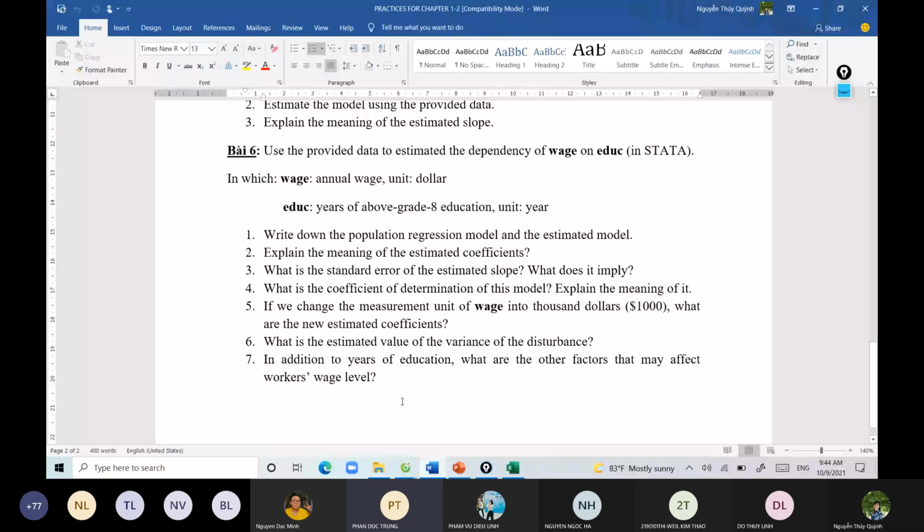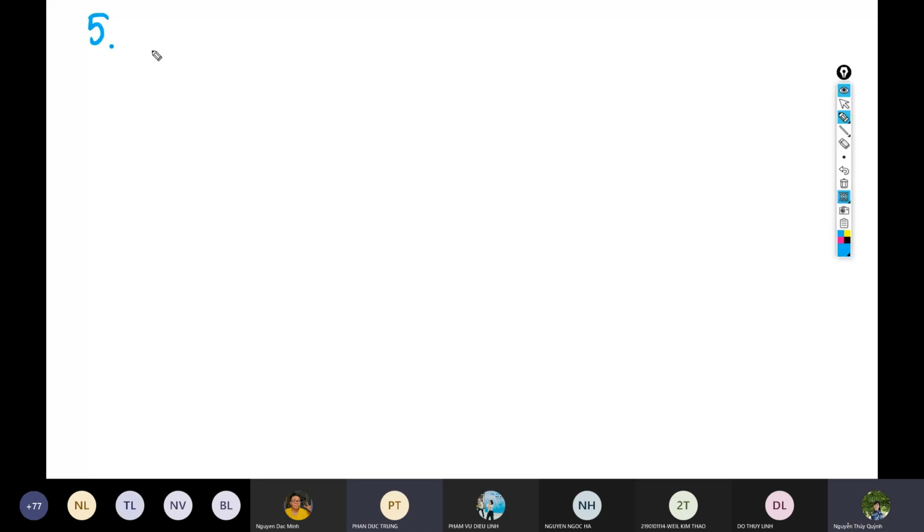I think that the new estimated coefficient will be the old one divided by 1,000.